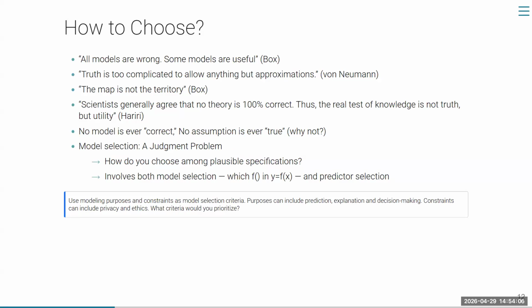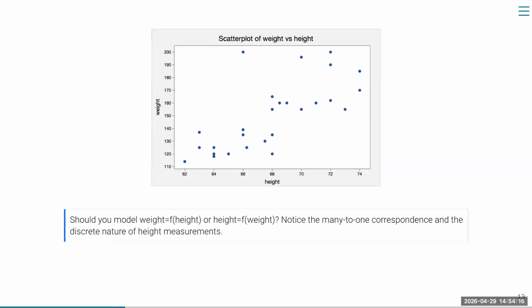So those are the criteria by which we should evaluate our models. So we're going to build back up to that conclusion. That's the conclusion up front. Let's see if you can apply it.